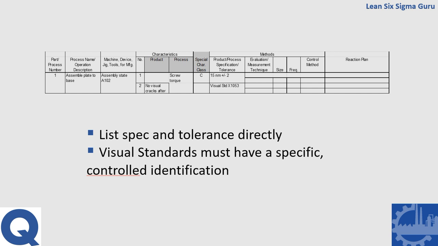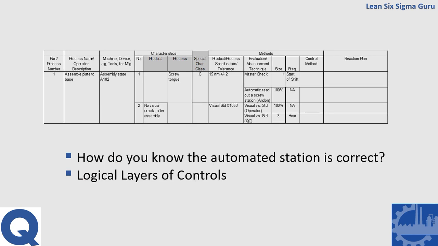No, there needs to be a visual standard, a limit sample, a go, no go, something to give an operator and a quality person or whoever guidance on deciding and identifying what's good and what's bad. Those visual standards must have specific controlled identifications. Those visual standards should be controlled documents inside your quality management system. So they have to have a unique identification number.